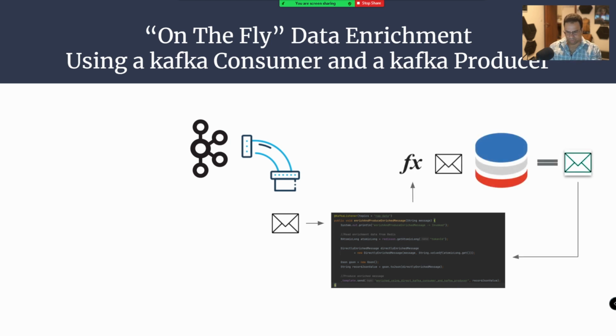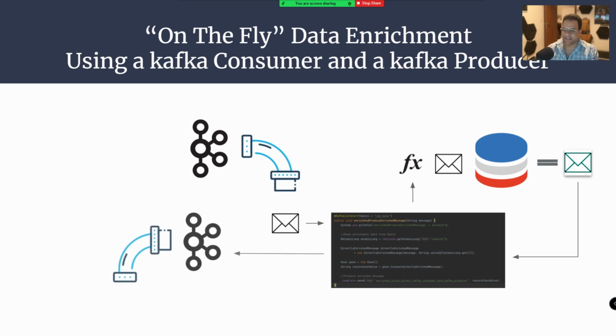So in this case, we see that the simple application that we are writing is basically serving us as both the consumer and the enrichment function activator and the producer of the data.